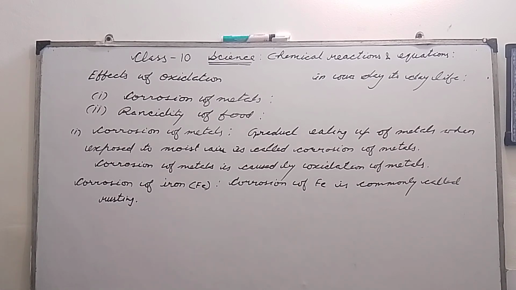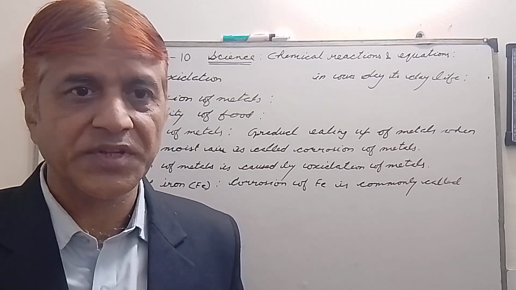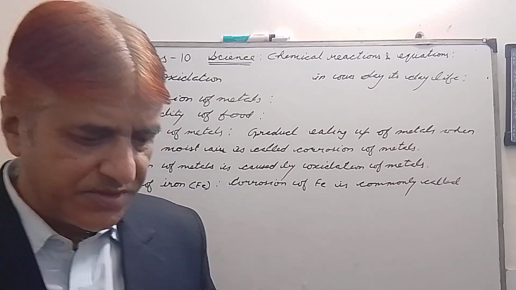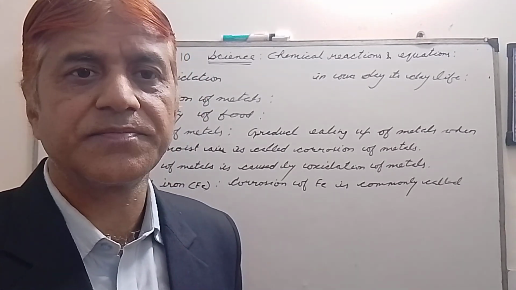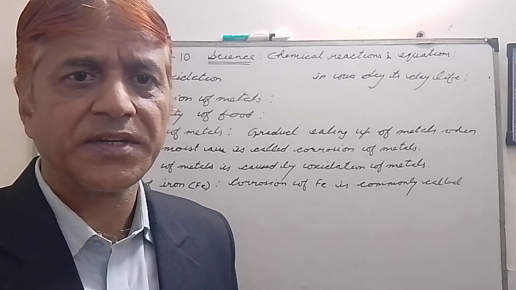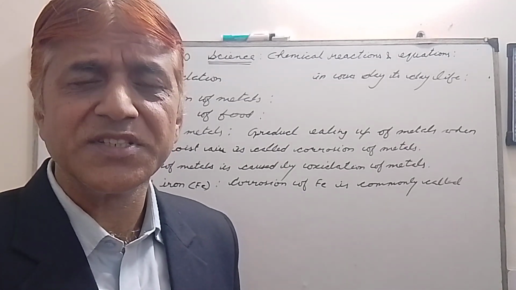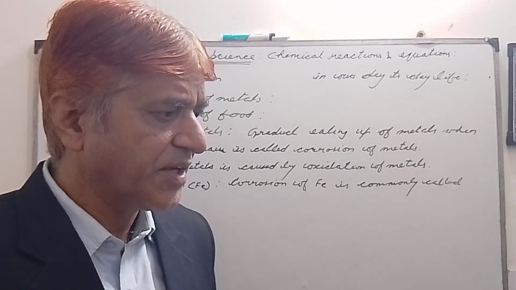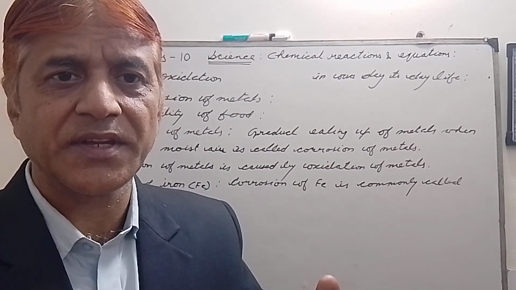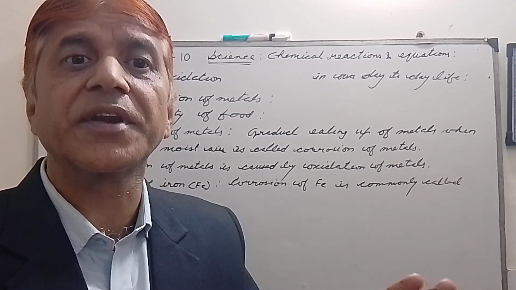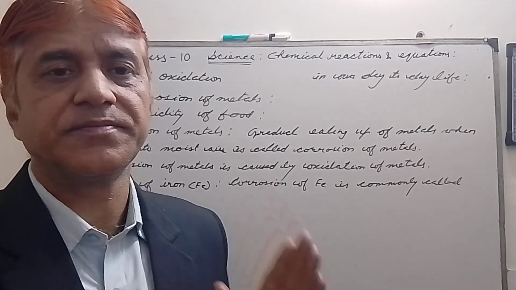Iron reacts with moist air and a red brown flaky substance is formed. Flaky means soft, which can easily break into pieces. That substance is iron oxide, which is also commonly called rust.